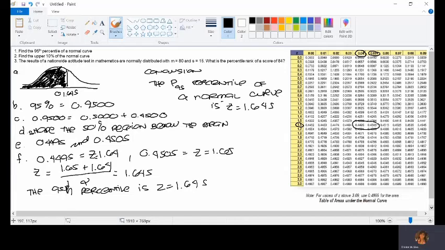So this will be the 95th percentile of your normal curve, this shaded region.